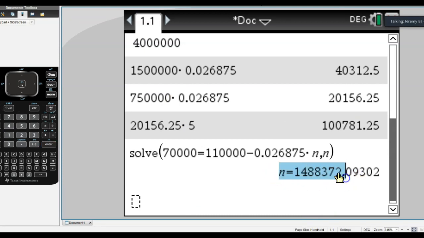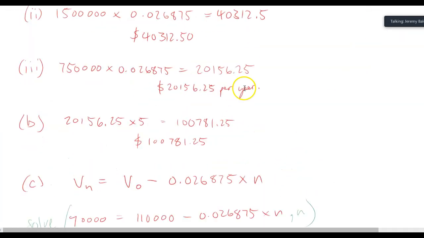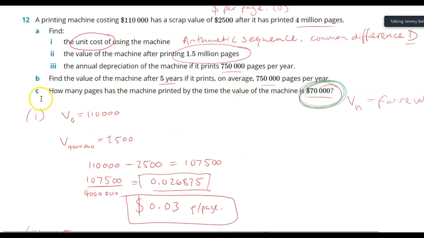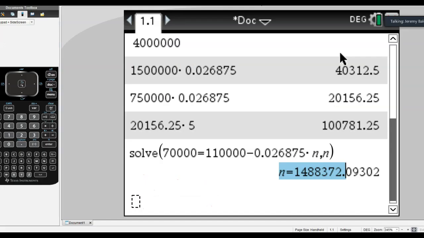So that's how many pages it will take. Now, is that the quickest? Yeah, that's what they want. They want the number of pages. So that's how many pages we get. So I'm just going to write that answer in. I'm just going to copy paste that in because it's quicker.